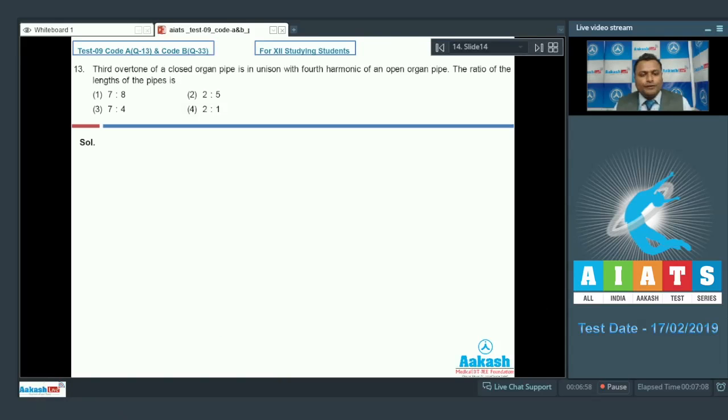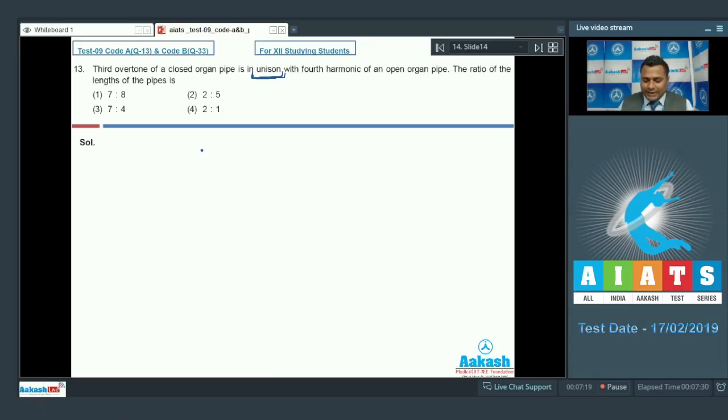Third overtone of a closed organ pipe is in unison with the fourth harmonic of an open organ pipe. The ratio of the lengths of the pipes is. Now, as it is given in the question, unison means same tone, same frequency.